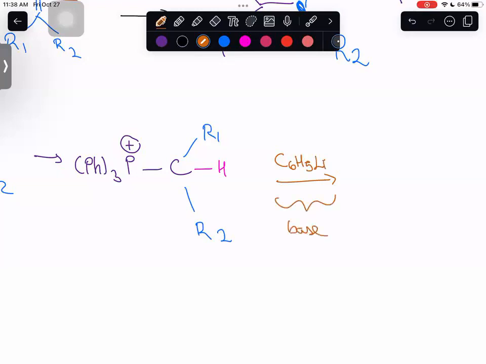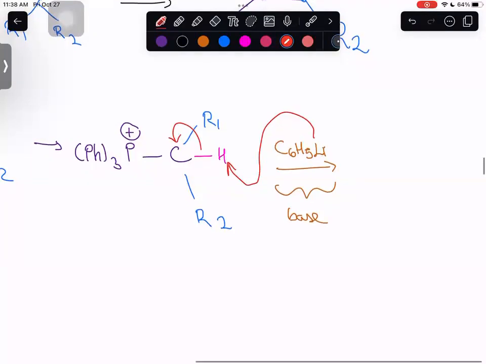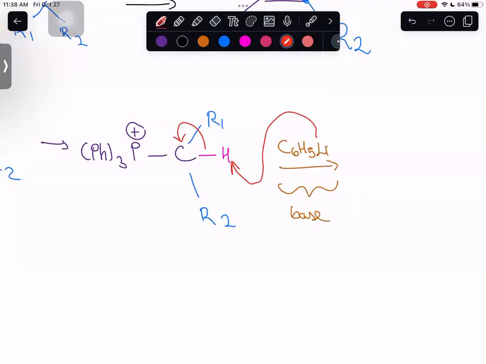It can be any sort of base, but usually the most common one that you're going to see is that guy. So our dear base is actually gonna, different color, attack our hydrogen. So then those electrons are gonna be moving to that carbon. So now we're gonna have a neutral product in a way, because positive and negative are gonna be canceling each other.